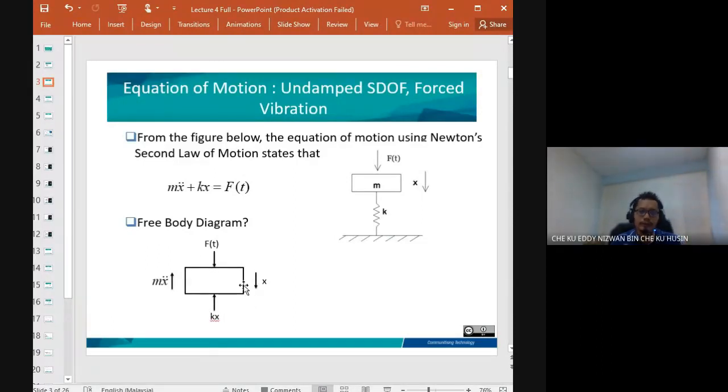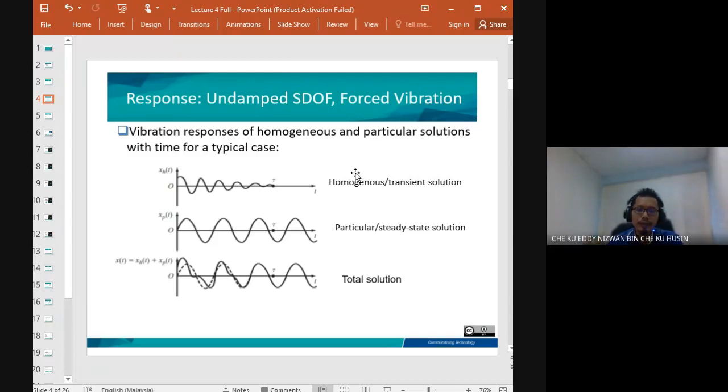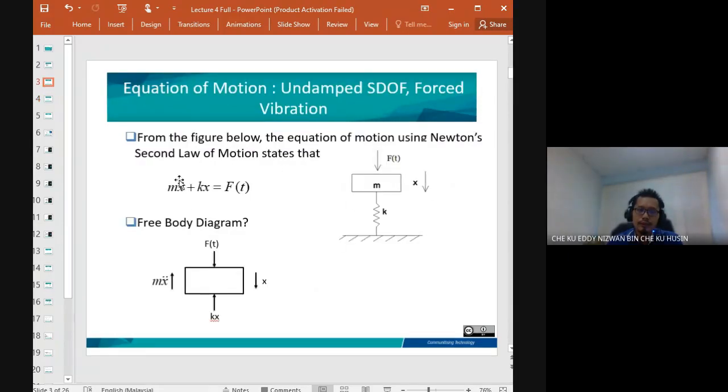The inertia goes in the opposite direction to the motion, so the motion goes downward and the inertia goes upward. We sum the reaction forces from the inertia and the stiffness, and arrive at the balance equation. Then this is the equation of motion.